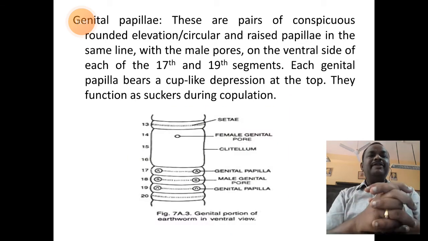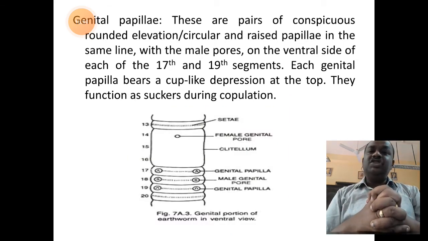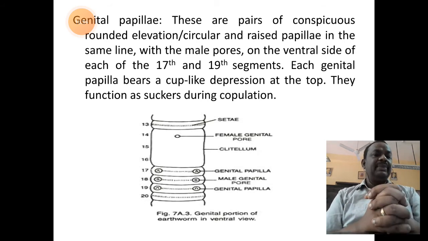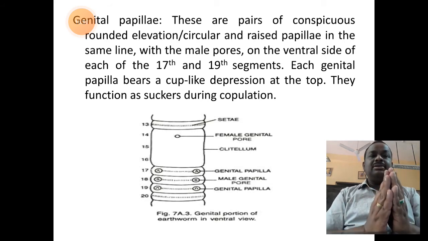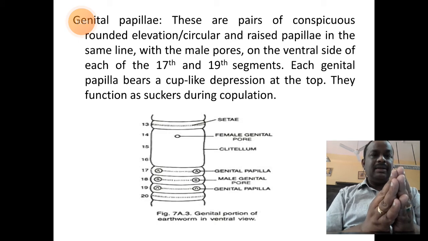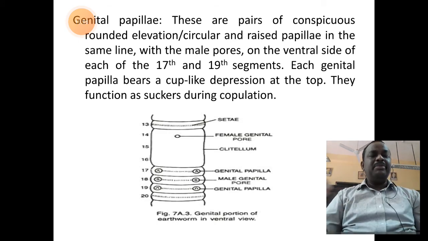The next important feature is related to genital papillae. These are paired structures which are seen in the segments 17 and 19 at ventrolateral position.